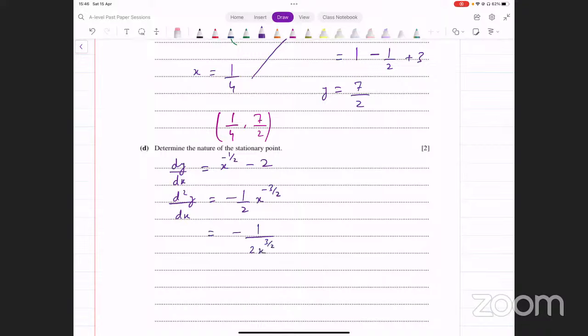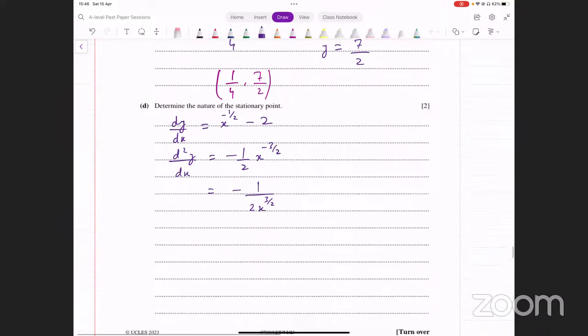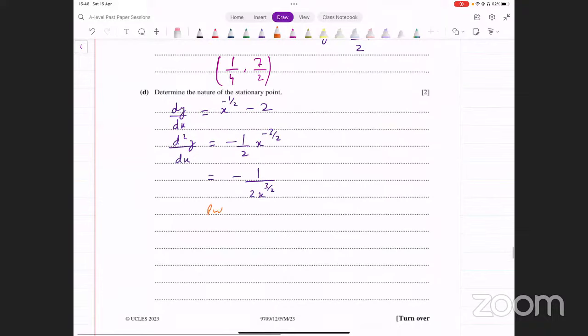आपको figure out करना है कि stationary point जो है वो maximum है या minimum है. आपको ये x की value input करनी है, यहाँ पे x की value 1 over 4 डाल दें. Let's see what that gives us. That gives us something negative, but you can input that and find that value. 2 into 1 over 4 raised to power 3 over 2.